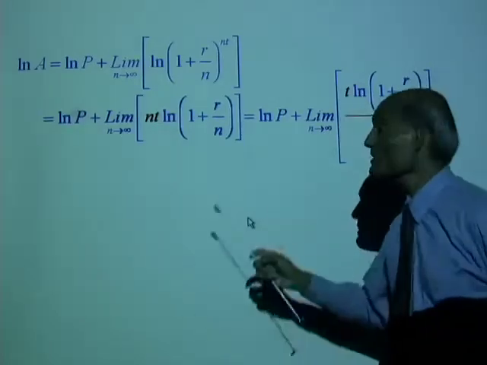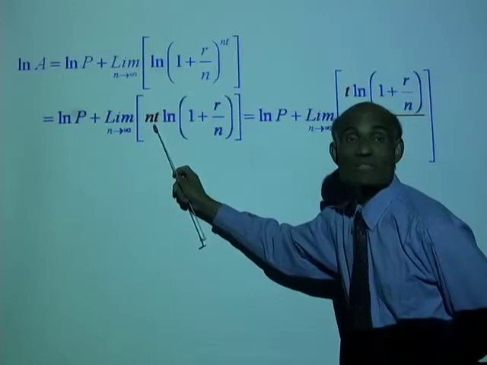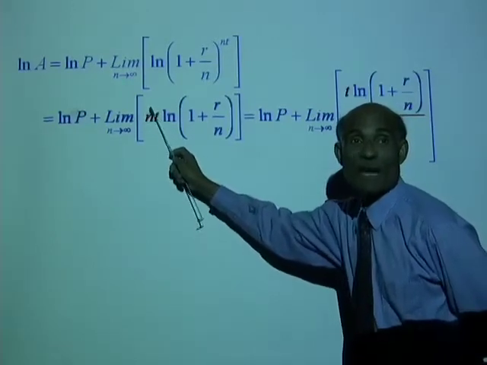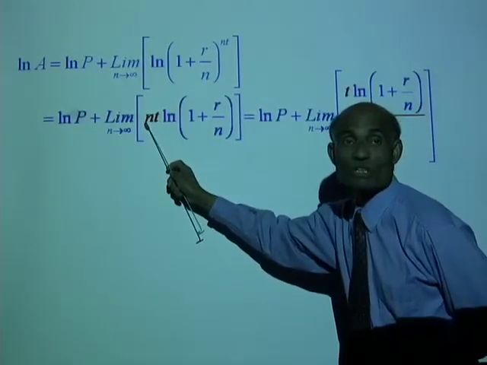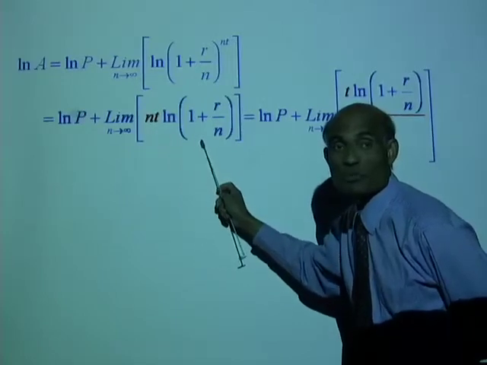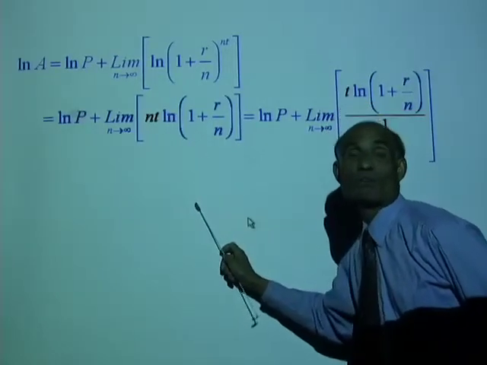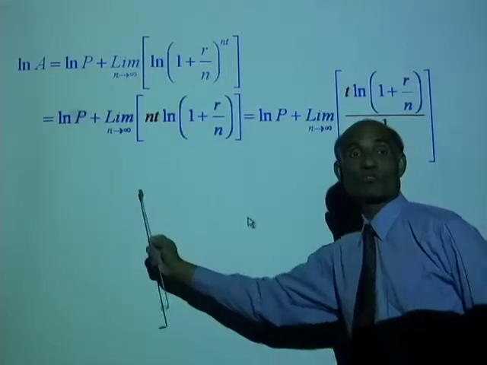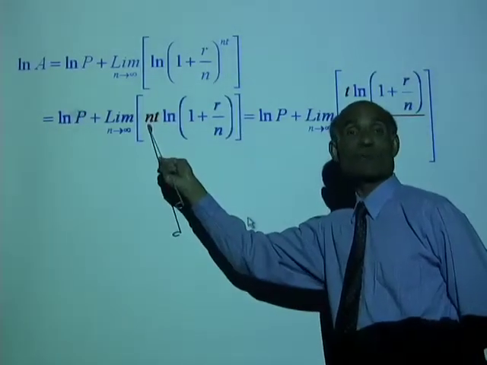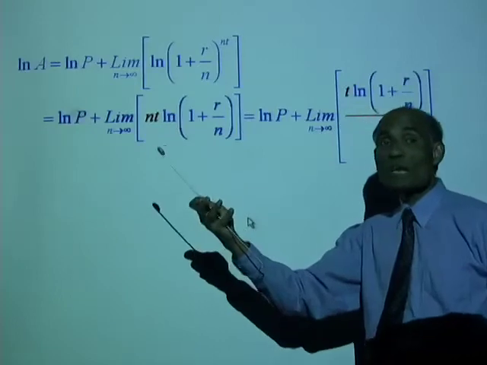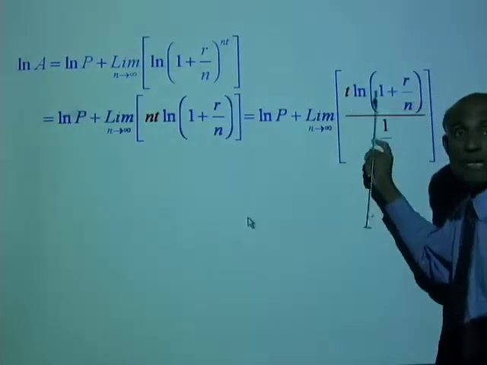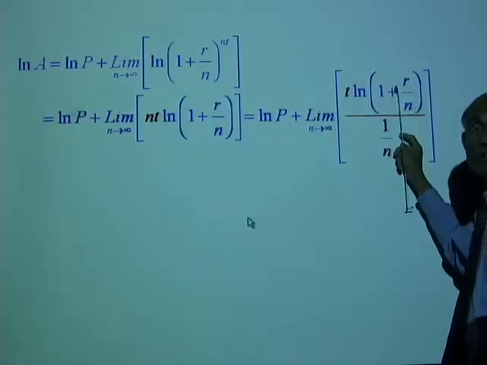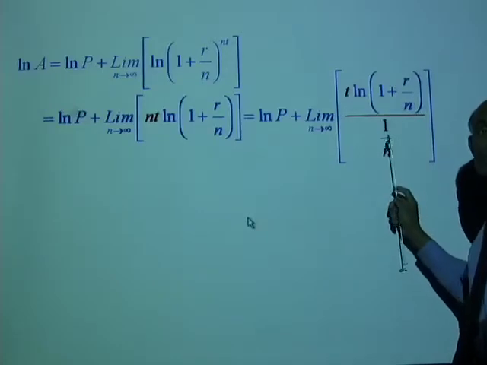Now, does it make a difference? We have n times t here. So that n from the numerator, I took it and put in the denominator as 1 over n. Remember, a 1 over n in the denominator is the same as an n on the numerator. This is just a manipulation for what? To bring it in the form f of x over g of x.